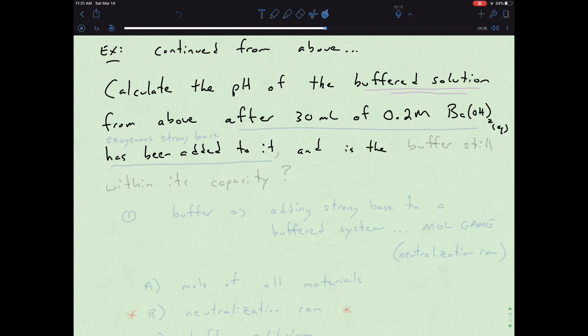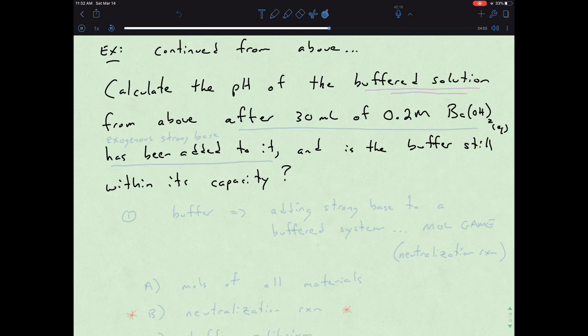And is the buffer still within its capacity? So two questions. We have to figure out the first one, and then once we know the pH, we can answer the second one as far as the capacity is concerned.